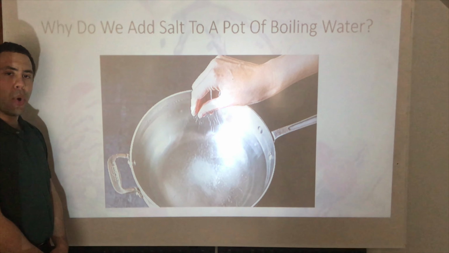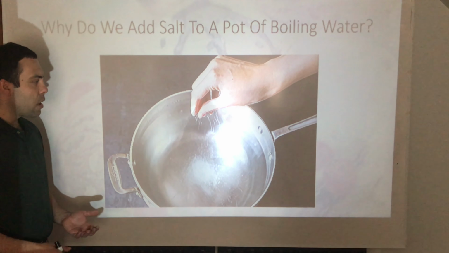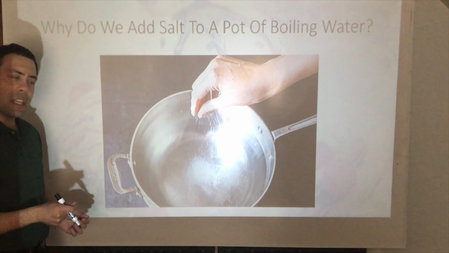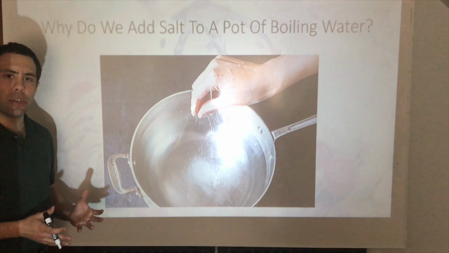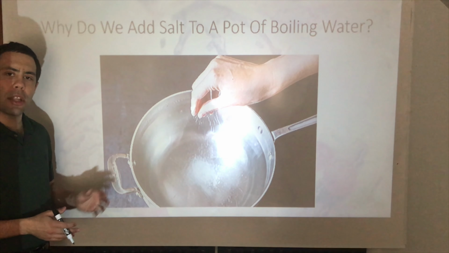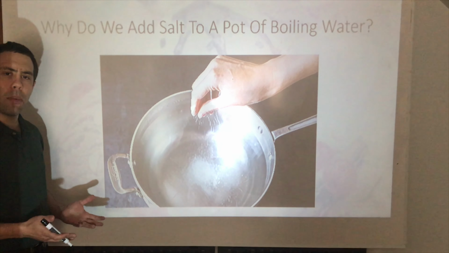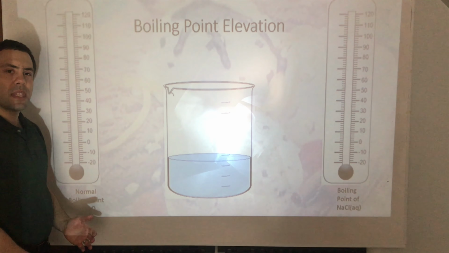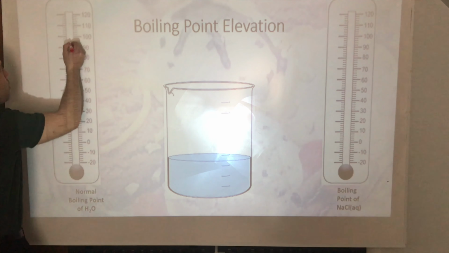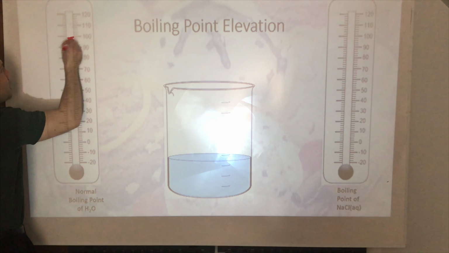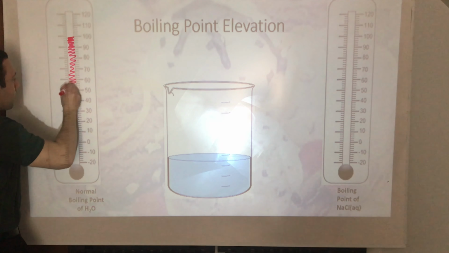Similarly, we could talk about boiling solutions. Have you ever had to boil something and in the pot you sprinkled a little bit of salt? Maybe you're boiling pasta or vegetables and you add a little bit of sodium chloride, a little bit of table salt to the solution? Well, why'd you do that? The answer has to do with boiling point elevation. Remember, the normal boiling point of pure water is 100 degrees Celsius.